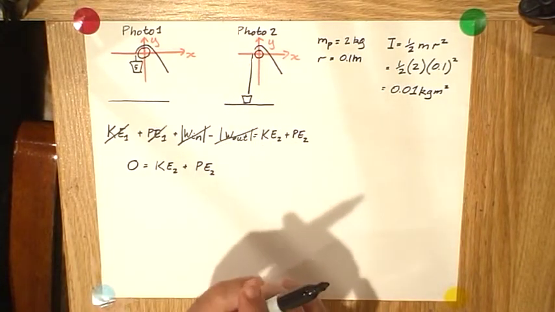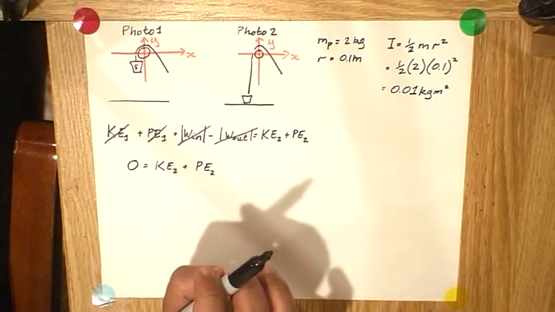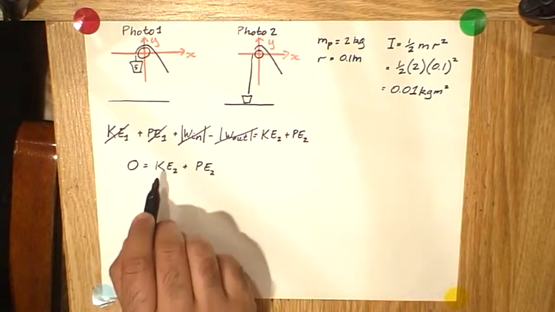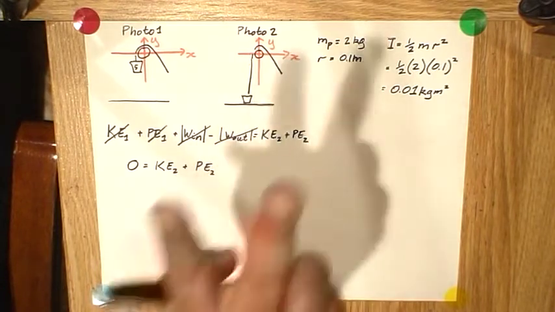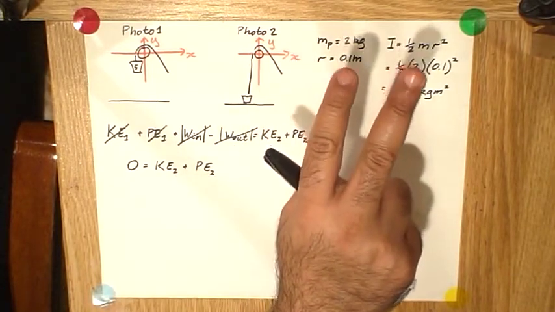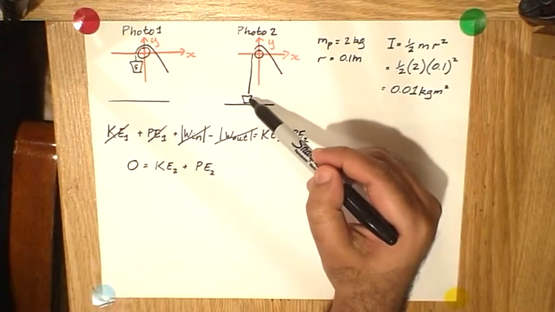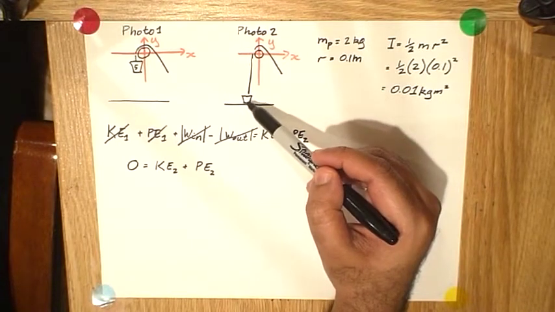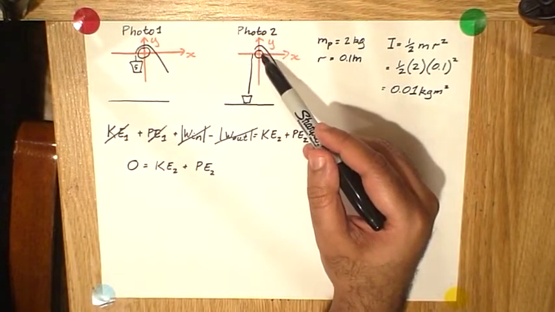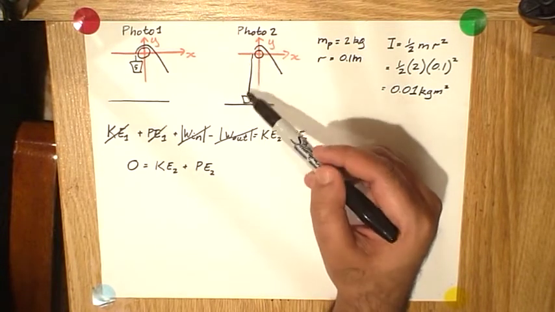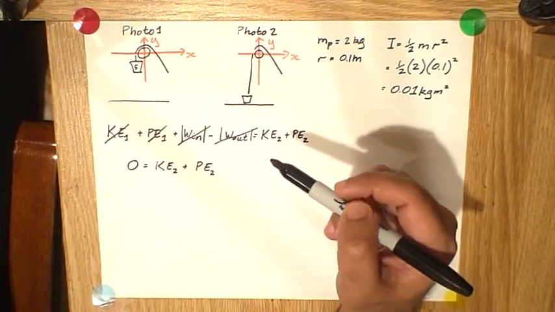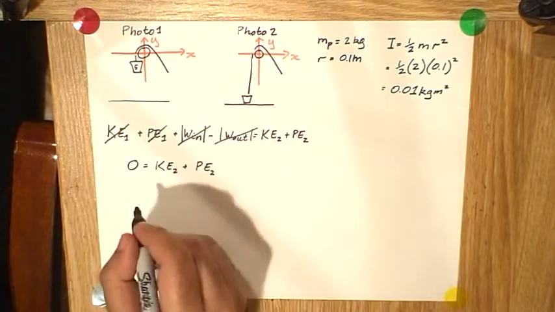But here is where we have to realize something very important. The kinetic energy in photo 2 is coming from two different places. One is the linear kinetic energy of the bucket, and the second is the rotational kinetic energy of the wheel. And we have to account for both of these inside kinetic energy.